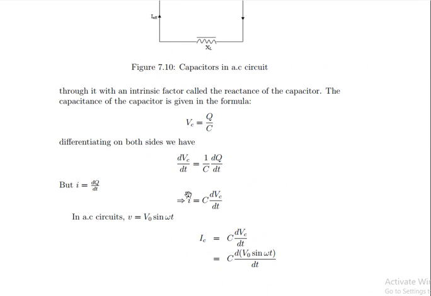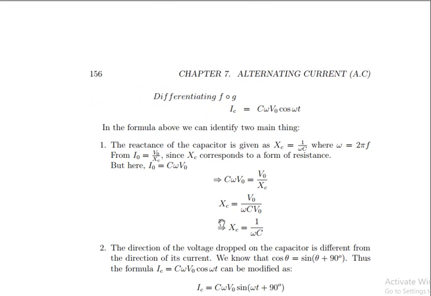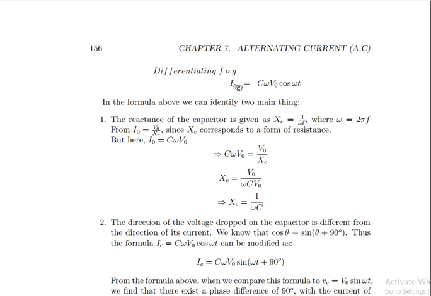So here you are going to say that I is equal to C dVC all over dt. So let's say V is equal to V0 sine omega t. When we substitute here, we are going to solve IC to be equal to omega C V0 cos omega t. So there are two main things you can find from this equation.